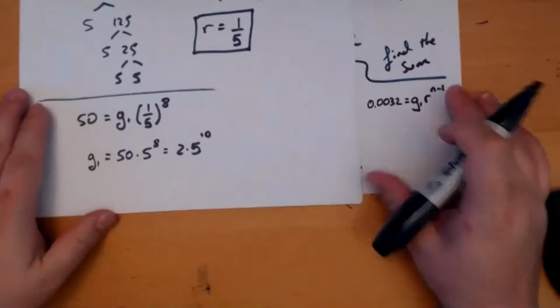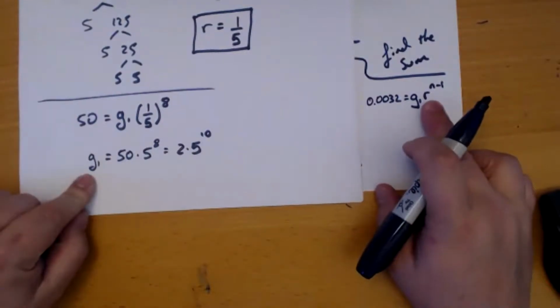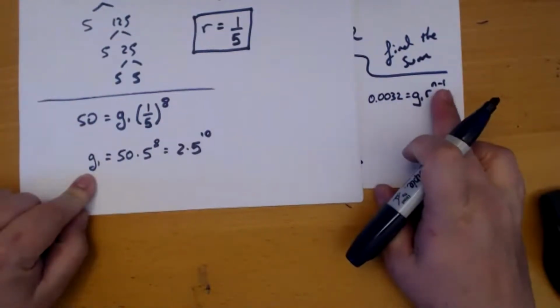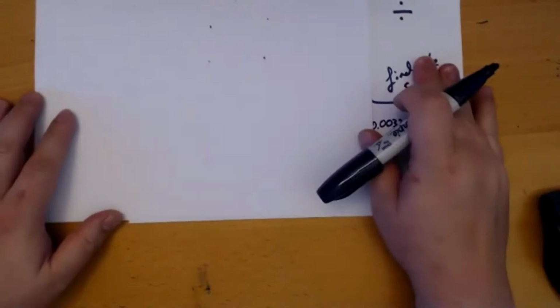Now we got to find out the number of terms. So we have G1, we have R, we know what this is equal to. Now we need to find what the number of terms is.